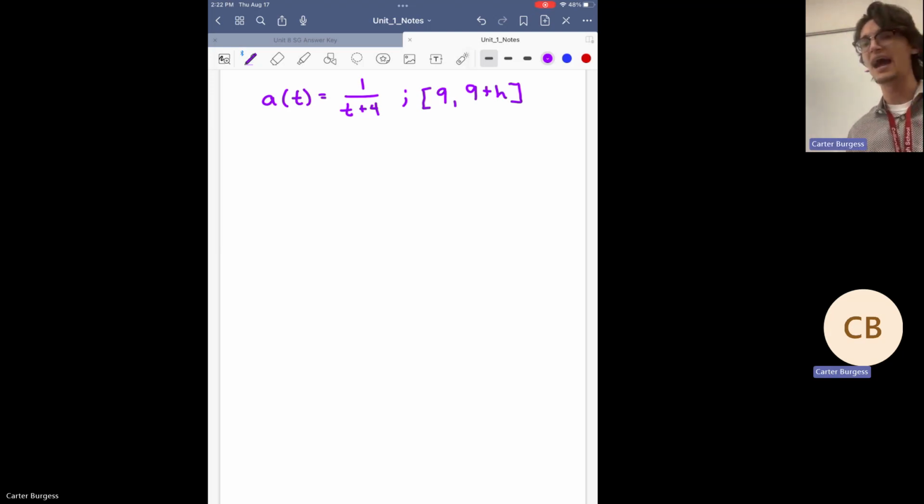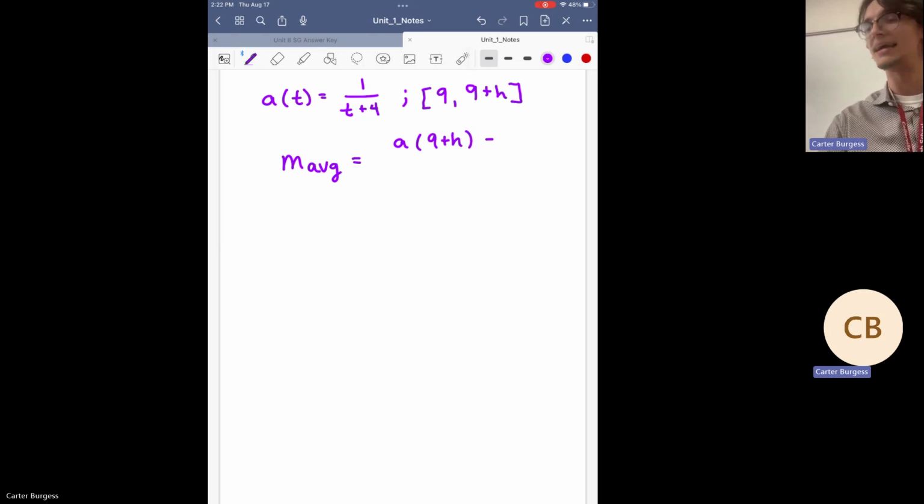So we are trying to find average rate of change. That is just slope. The average rate of change in this case is equal to the change in our y's. In this case, that is a of 9 plus h minus a of 9, divided by the change in our x's.